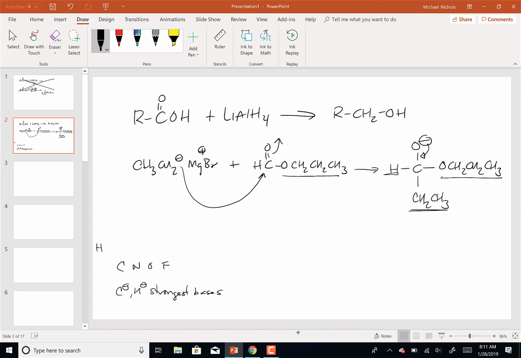As long as there's a leaving group on there, you will lose the OCH2CH2CH3 group, which will eventually pick up a proton. And we then form the ketone, where the ethyl group that was the Grignard has now added.